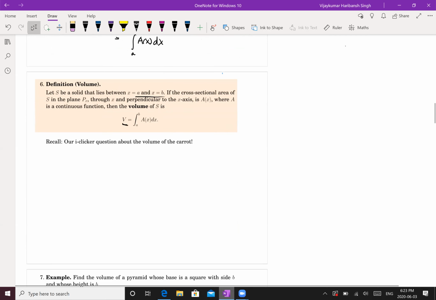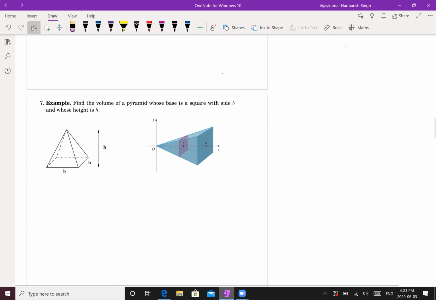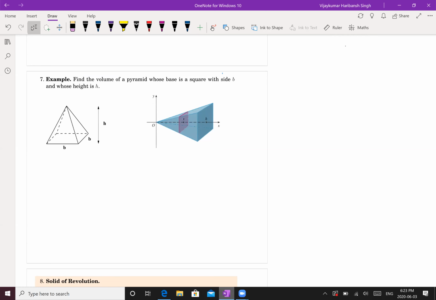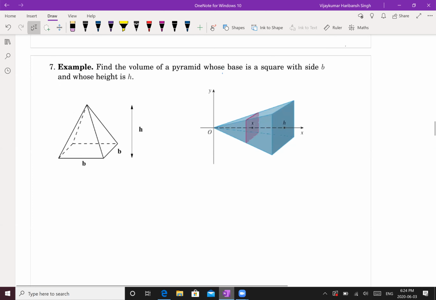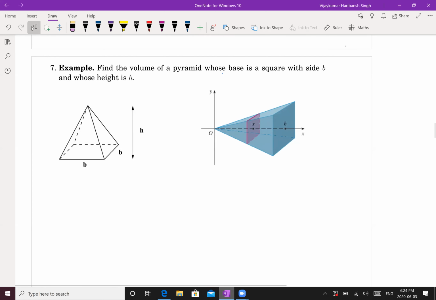Okay. So now let's embark on the following problem. Find the volume of a pyramid whose base is a square with side b and whose height is h. We have already seen this above in our formula list. The volume turns out to be b squared h by 3. Okay.